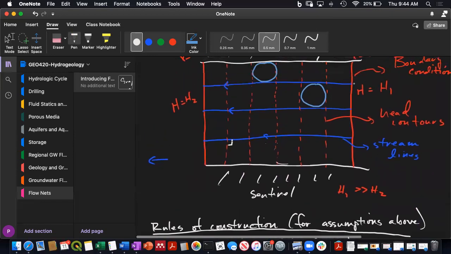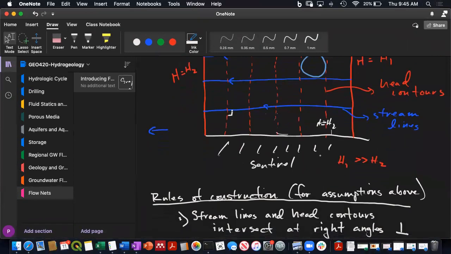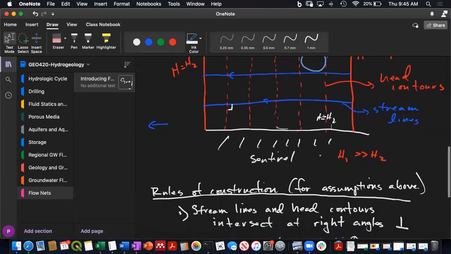So this one here, H is equal to H1. This one here, H is equal to H2. This is H is equal to Hi. It's just a contour of a head value. All right. That's what the equipotential line is. Or potential, head or potential, right? They're the same thing.